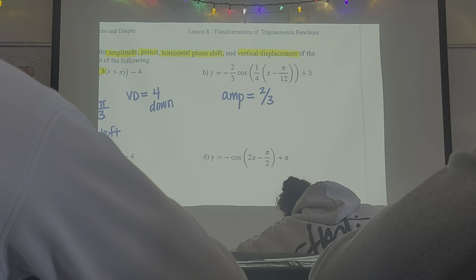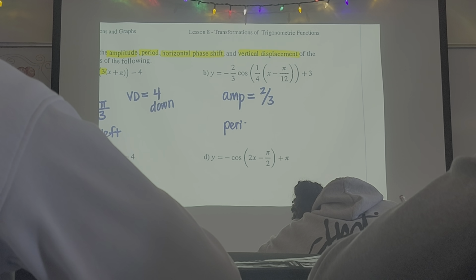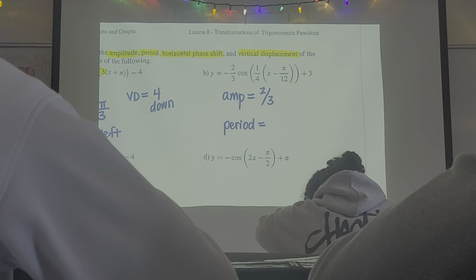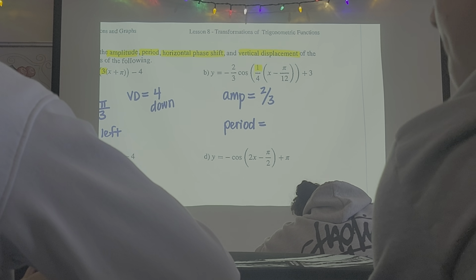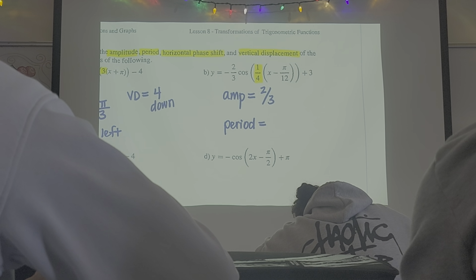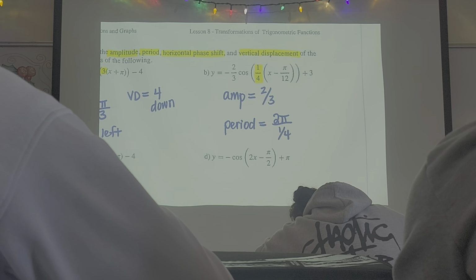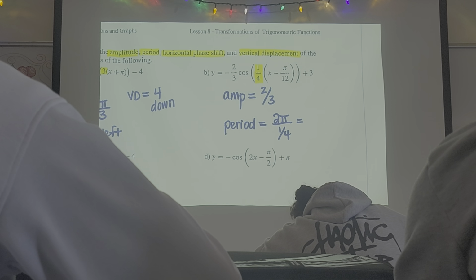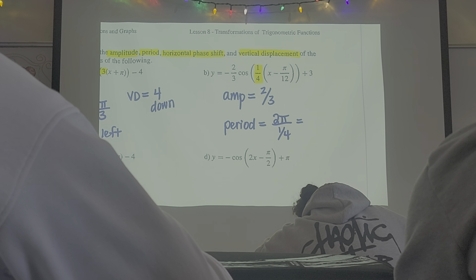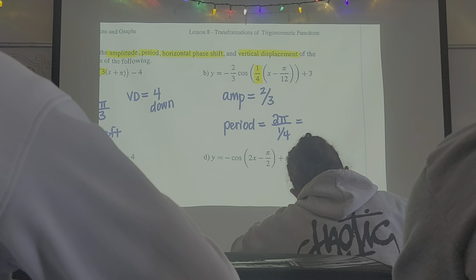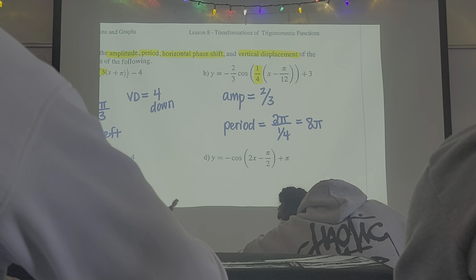Period is 2 pi over b. Our b value is 1 over 4, so period is 2 pi divided by 1/4. What does that equal? 8 pi.